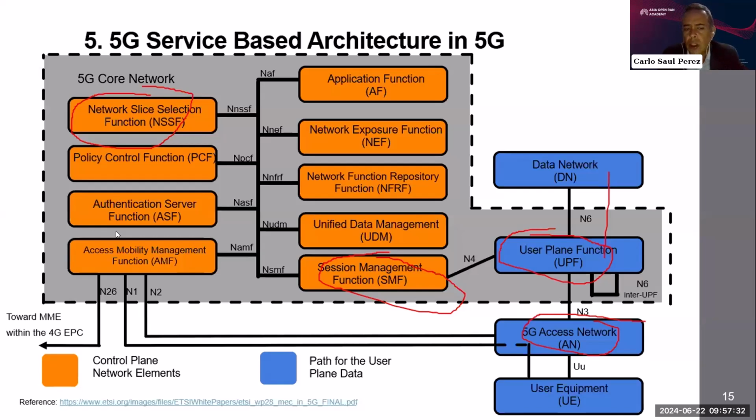This is not for you to remember all the functions, but just to show you that there are several functions that are working today in the cloud. They have been working in a virtualized ecosystem, as we saw before, and right now these functions are working in a cloud ecosystem. This is more or less how all of these functionalities look working in 5G.